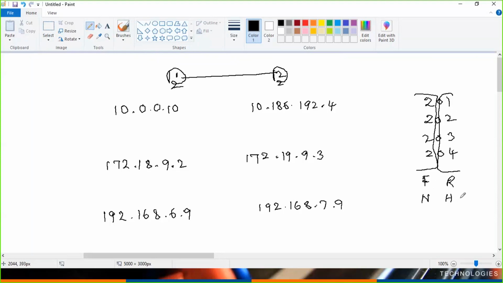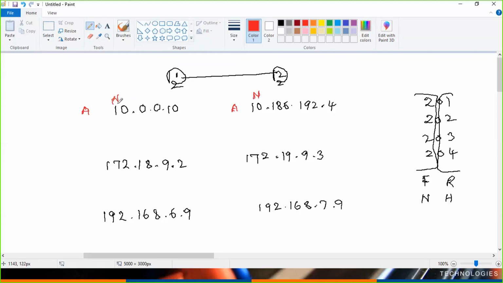So all devices should be on the same floor. I mean, all should be in the same network. See now, 201, 202, 203, 204 are all on the same floor. The floor number is the same, right? 2. Correct. Now, let's compare our IP addresses. The first IP address belongs to which class? Class A. For a Class A IP, the first octet is the network portion.